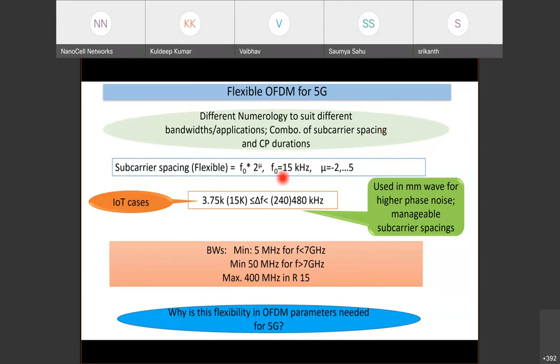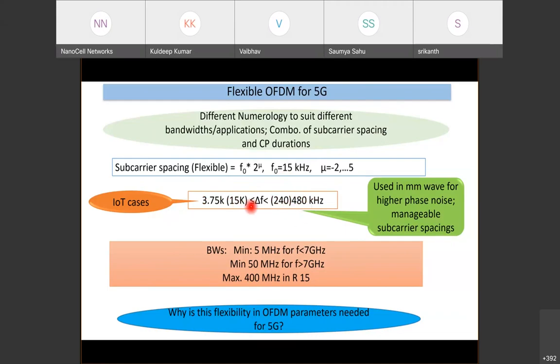We are making that flexible, where it can range as of today from 15 kilohertz to 240 kilohertz in some steps. And in the future, I expect it to go down to as low as this value because we already have some LTE IoT extensions there, and to some larger subcarrier spacing, which is mentioned in the early releases of 5G.